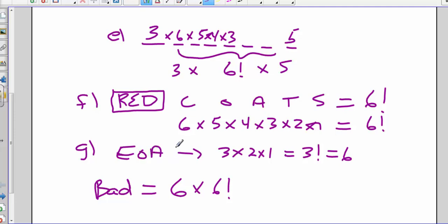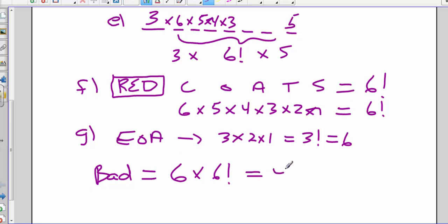So there are 6 different groupings here that could have been rearranged throughout the various letters that we didn't want. So there's 6 bad groups, each of which can be arranged in 6 factorial different ways.